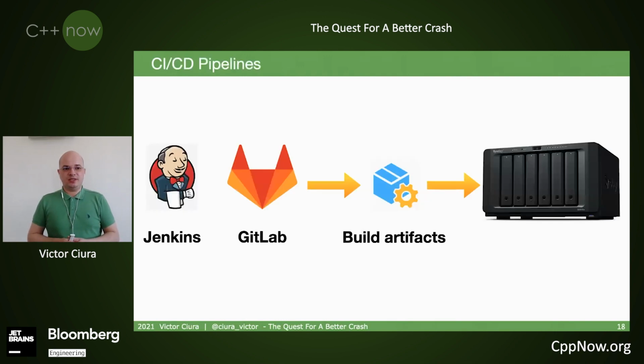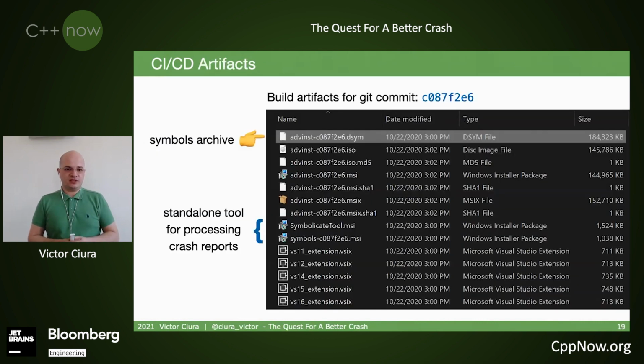So in terms of CI/CD pipelines, it needed to work with Jenkins, GitLab, and build artifacts and storing everything. So when a new build is underway, all the required artifacts are kept for each revision that is built. So we're going to dig into what these artifacts might be.